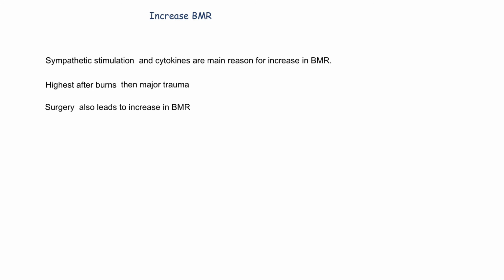Another effect of metabolic response to stress is increase in basal metabolic rate. Sympathetic stimulation and cytokines are main reason for this increase. Increase in BMR is highest after burns and then after major trauma.